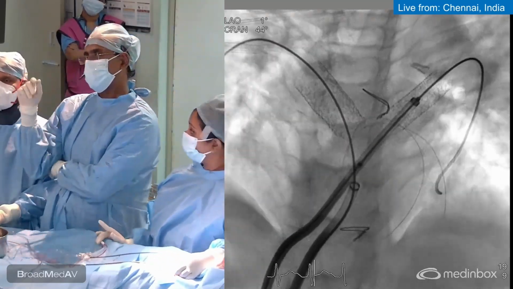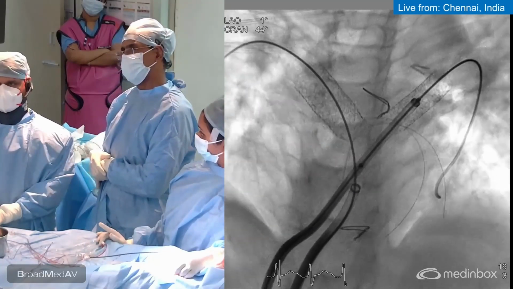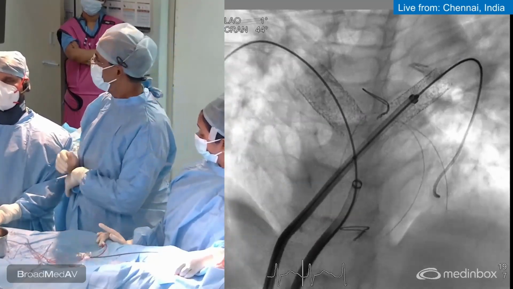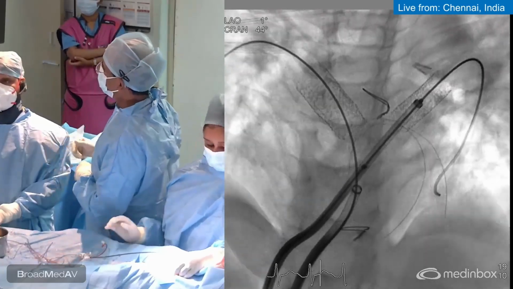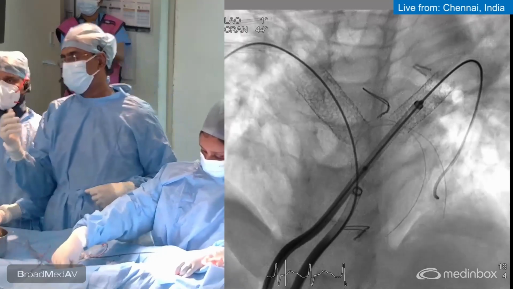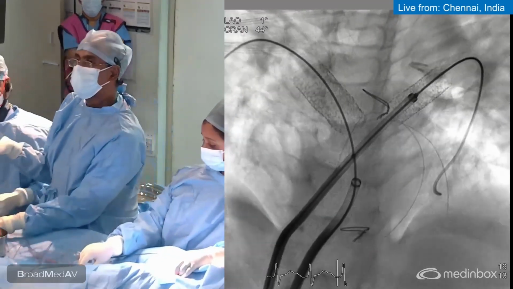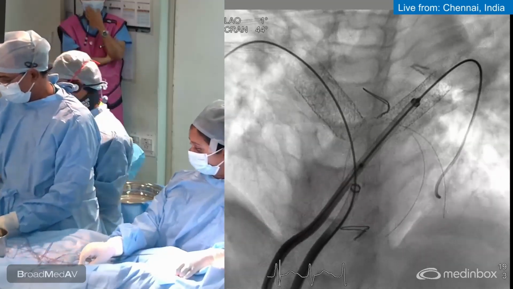So what we need to do is probably, let's get a 12 by 2 Mustang balloon. Another 12 by 2 Mustang balloon. We'll go across, catch the stent and slightly withdraw. Okay, we are holding it tight.